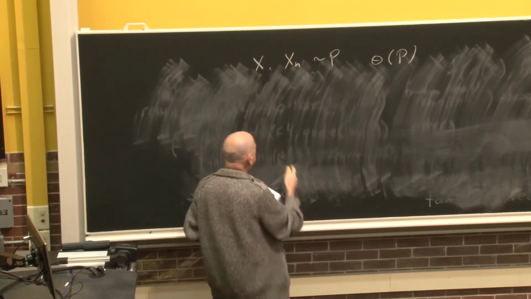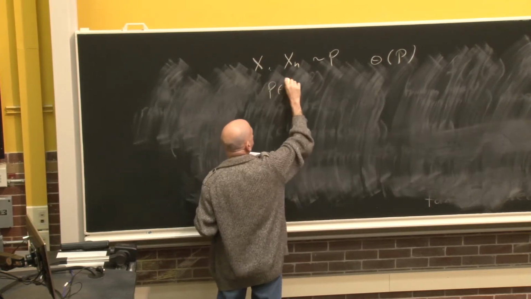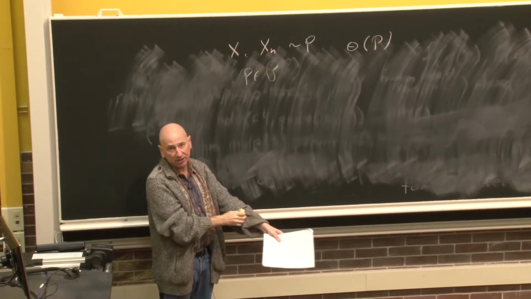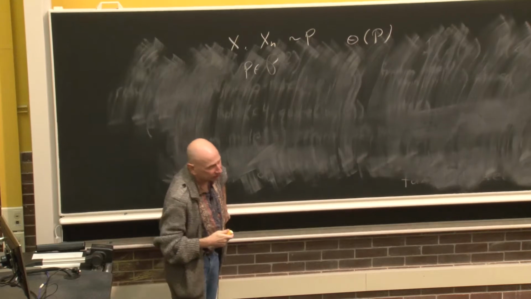And remember what the minimax risk is. We're going to, for the moment, assume that P is in some set of distributions, script P. This could be a parametric family. This could be a non-parametric family. This could be very general.